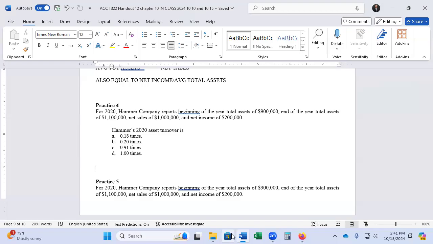Okay, so our formula here for asset turnover equals your net sales divided by your average total assets. And so that equals 1 million divided by 900,000 plus 1.1 million, divided by 2.